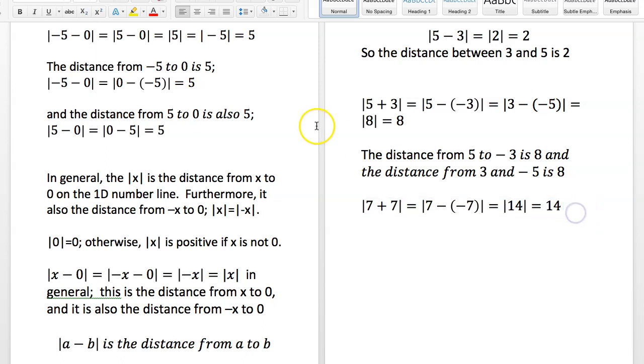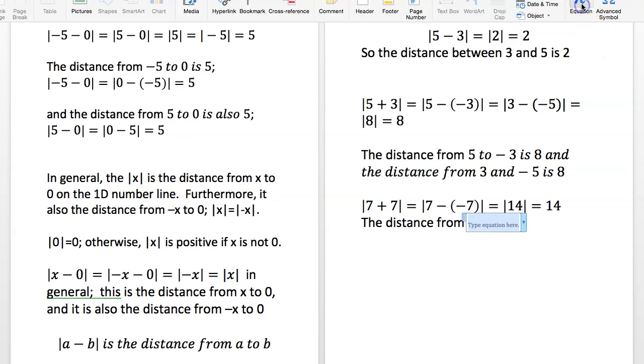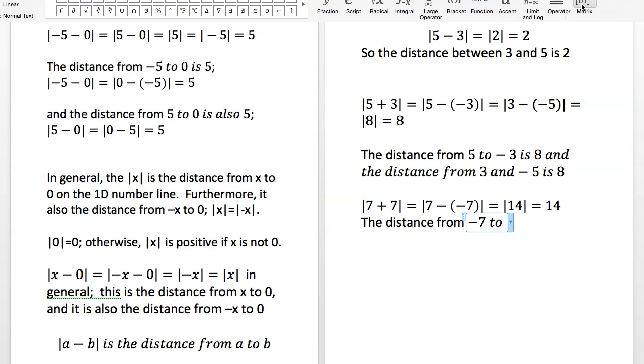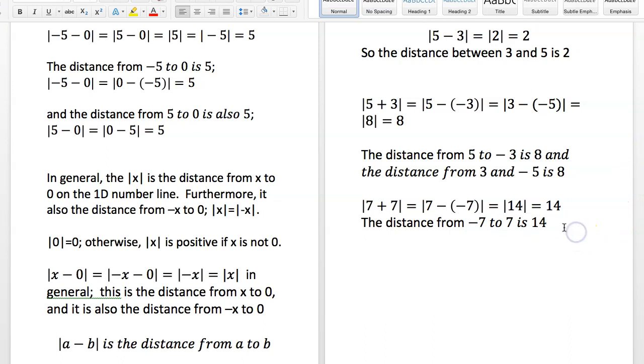And now there's just one way to view that guy. The distance from negative 7 to positive 7 is 14.